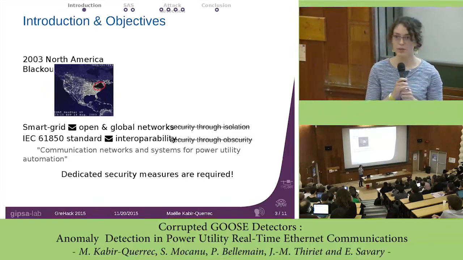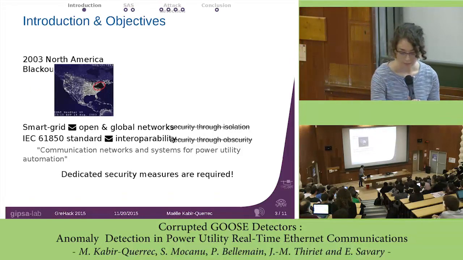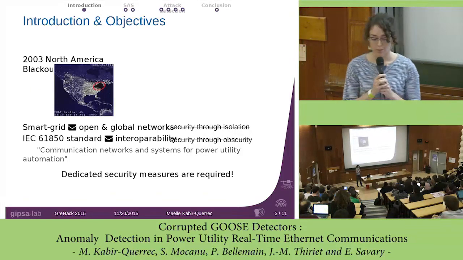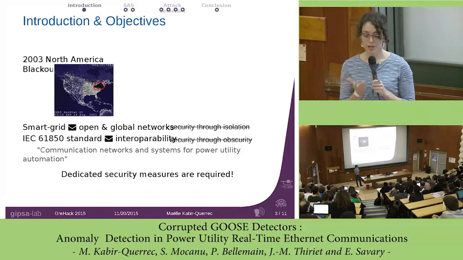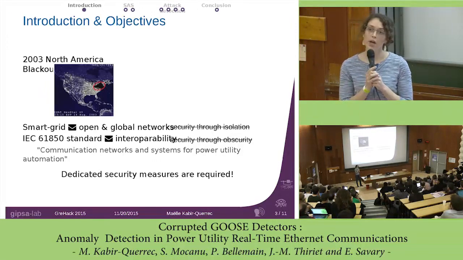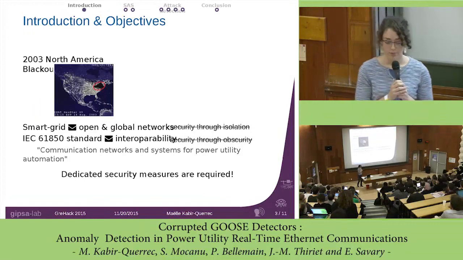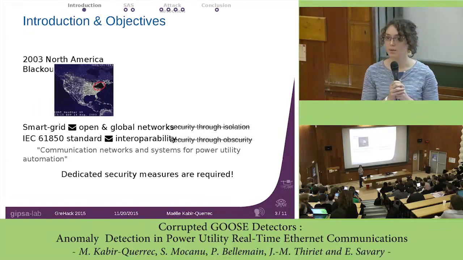So the intrinsic security we had basically has become lost because of openness. We lost isolation, which brought some security, and in the past we used proprietary protocols, and so we had some security through obscurity. But now protocols are based on Ethernet, as the previous speaker mentioned, and so we lost this obscurity security as well.